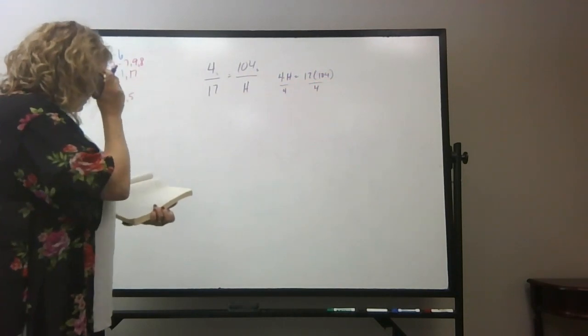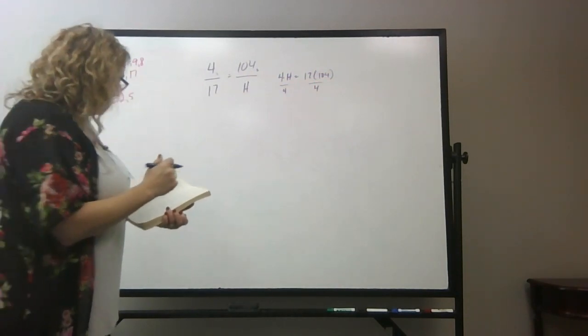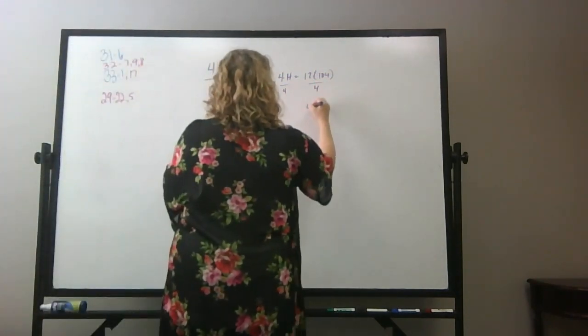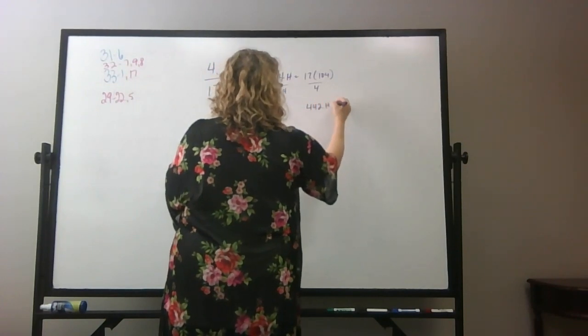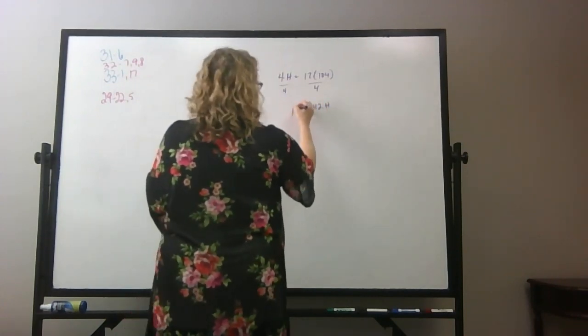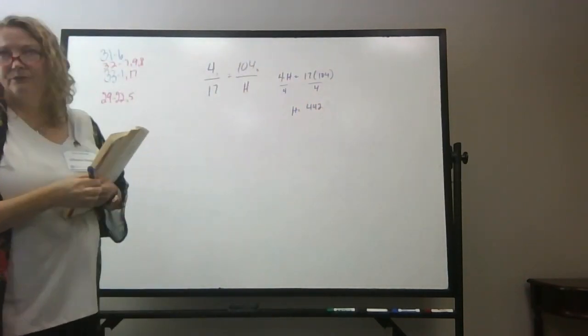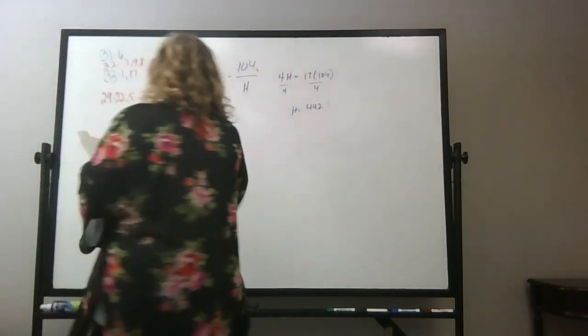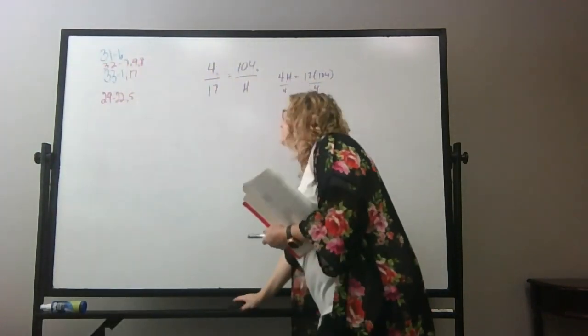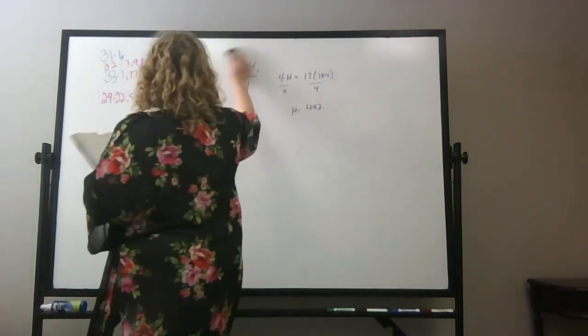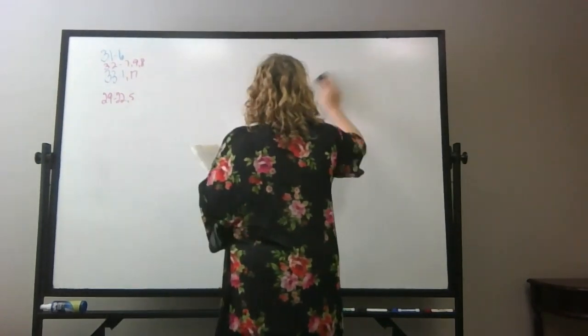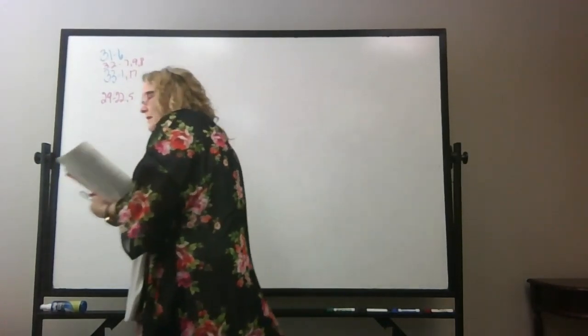And in the end, I'm going to get that there are 442 hedonists. So H equals 442. Good. All right, we're moving from there on to number 17. All right, let's see.